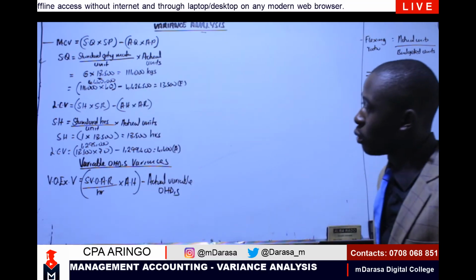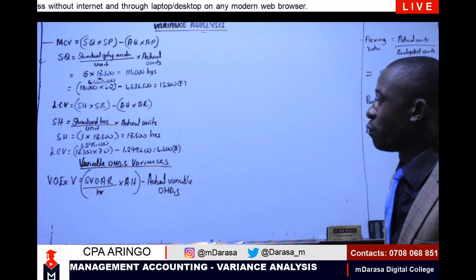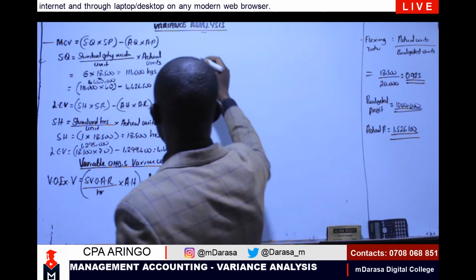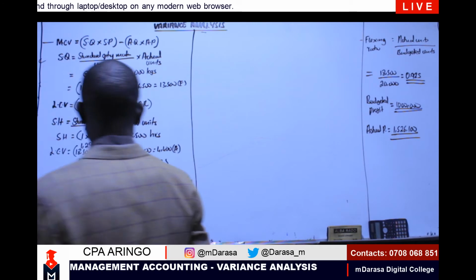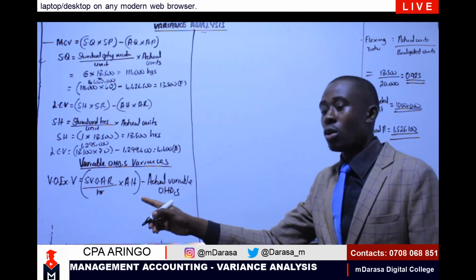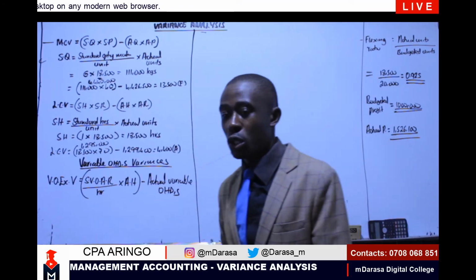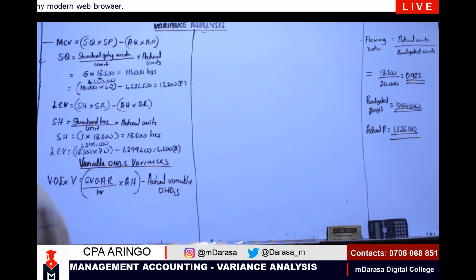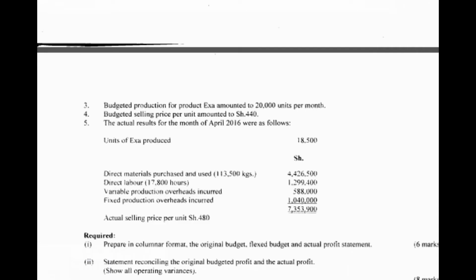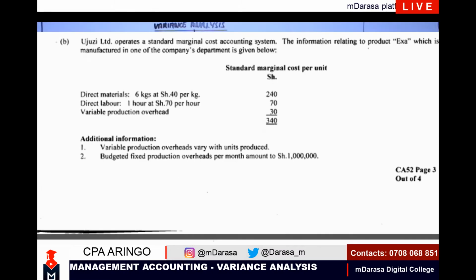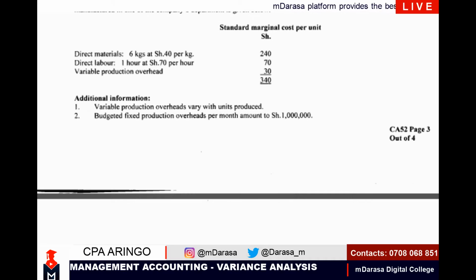So looking at our variable overhead expenditure variance, working it out very quickly, my good students. We need to determine our standard variable overhead absorption rate per hour. Looking at our question here, I was given variable production overhead of 30 shillings, right? So I'd be having 30 here times our actual hours.